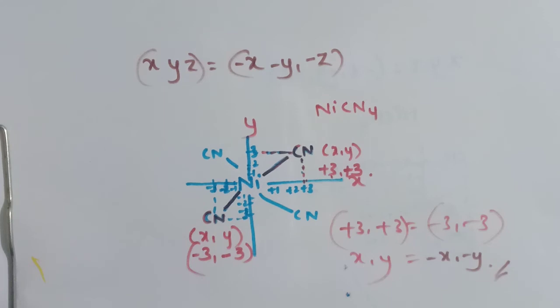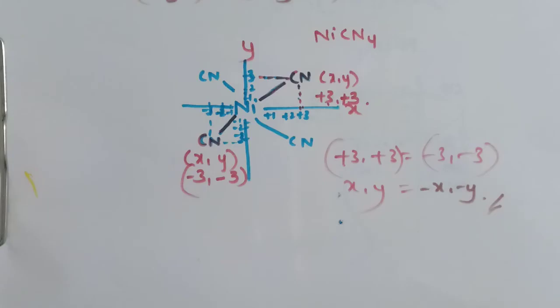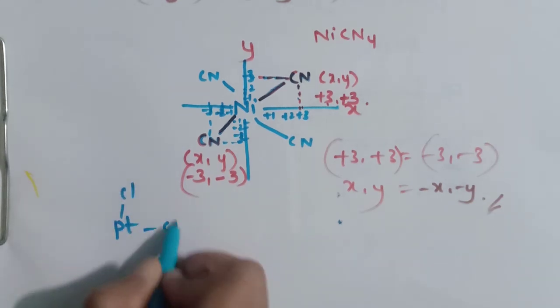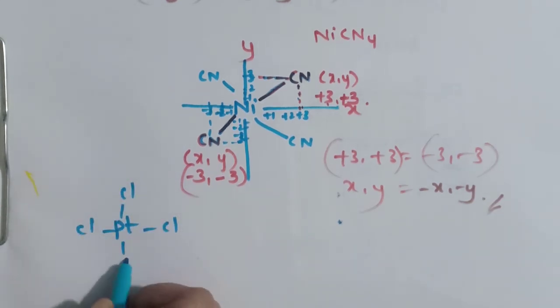Next, let's perform the inversion operation and see whether we obtain an equivalent configuration or not. If we obtain an equivalent configuration, it is exhibiting an inversion center. Let's consider PtCl4 as an example again, so that it is easy for you to understand.